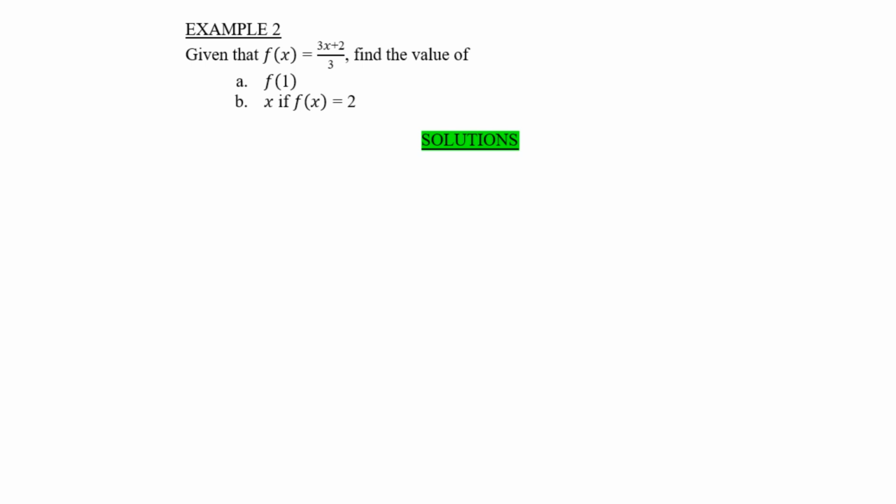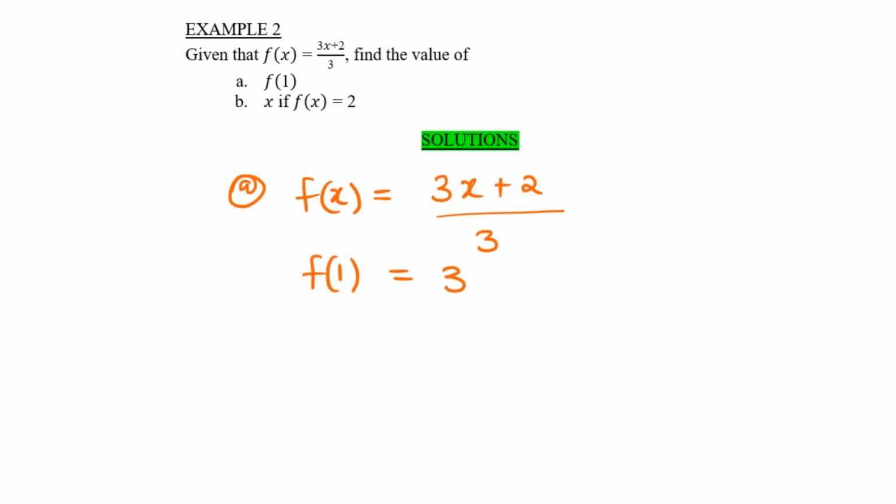So the value of f of 1, we are saying A. We have the function f of x is equal to 3x plus 2 over 3. Then f of 1 will just give us, where there is x, we are replacing by 1. 3 times 1 plus 2 over 3.